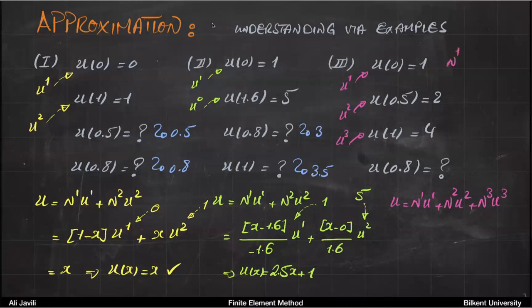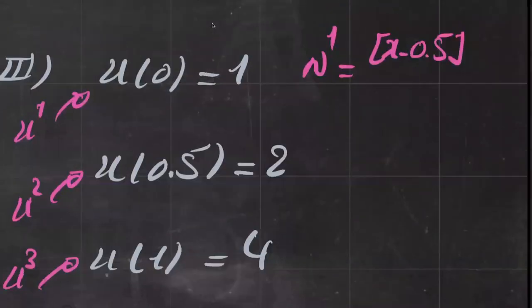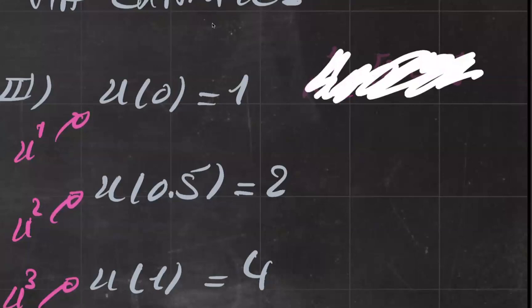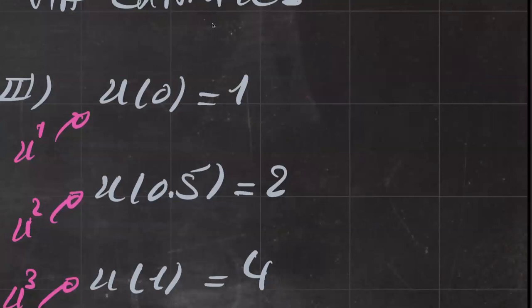N1 is something that is 0 at these 2 points and is 1 here. So how can we write that? It would be x minus 0.5, and we write everything a little smaller here.